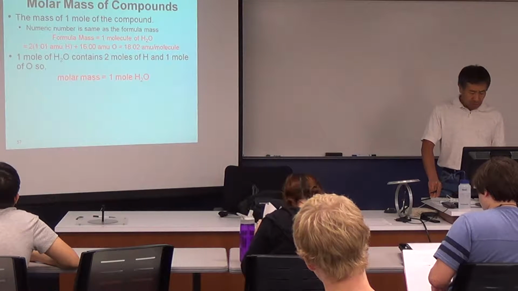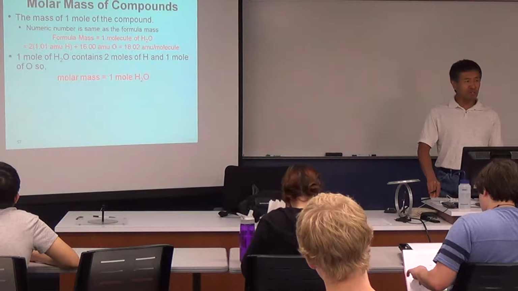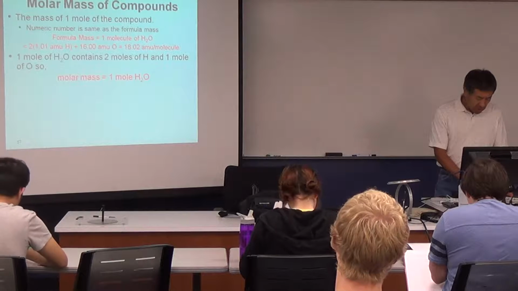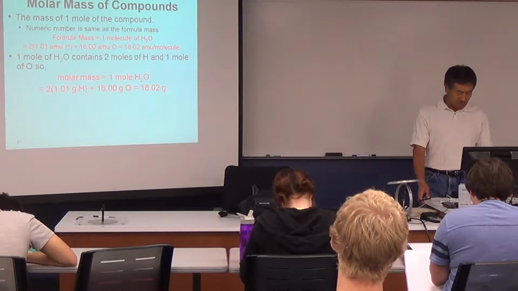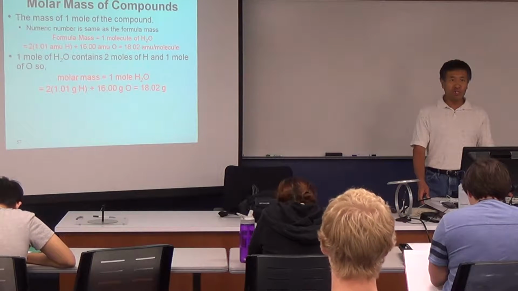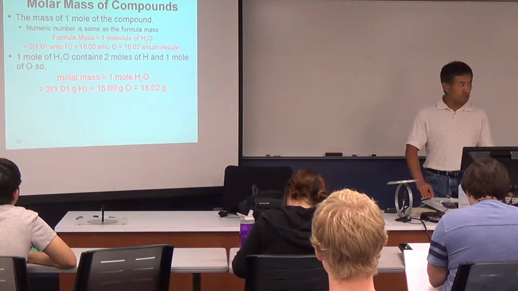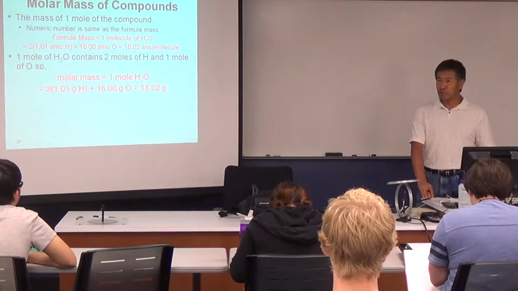So what do you do? You just read the formula carefully and see how much of each atom is in it. In H2O you have 2 H and 1 O. You want to calculate the mass of Avogadro's number of water. You just take the numbers from the periodic table again. You know H is 1.01 and oxygen is 16.00.